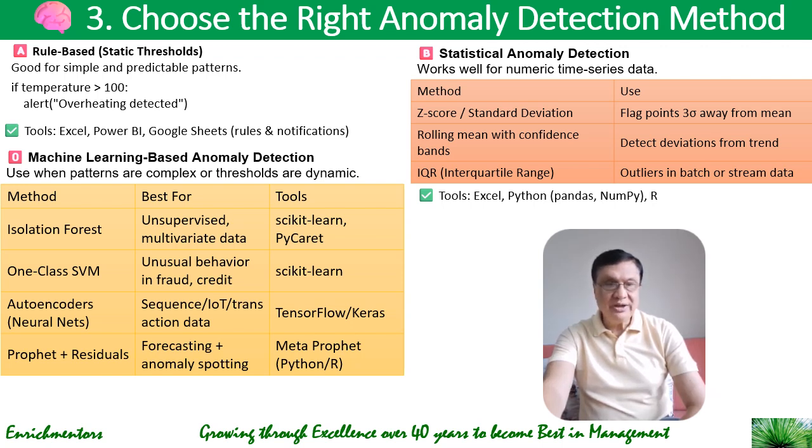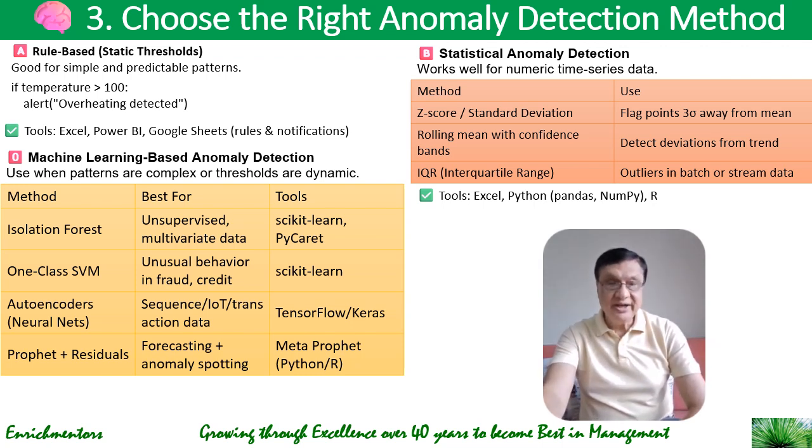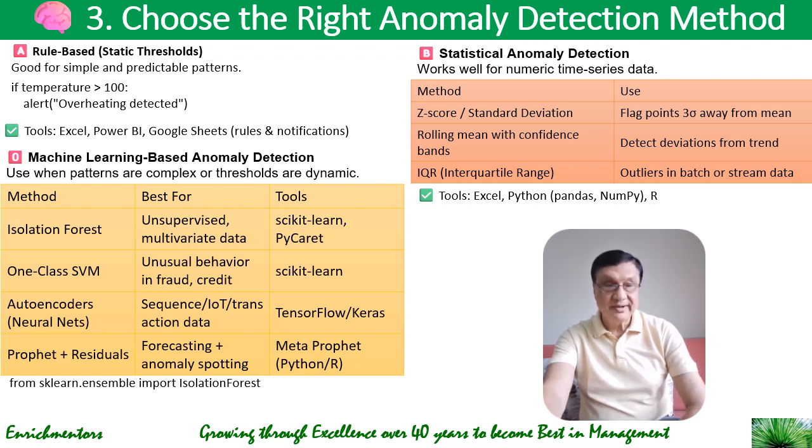You could use one-class SVM as a method for unusual behaviors in fraud and credit, and you could use scikit-learn there again. You could use autoencoders, the neural nets, which are best for sequence, IoT, or transaction data, and the tools are TensorFlow and Keras. And you could use Prophet plus residuals to forecast and spot anomalies, and there your tools are Meta Prophet in Python or R.